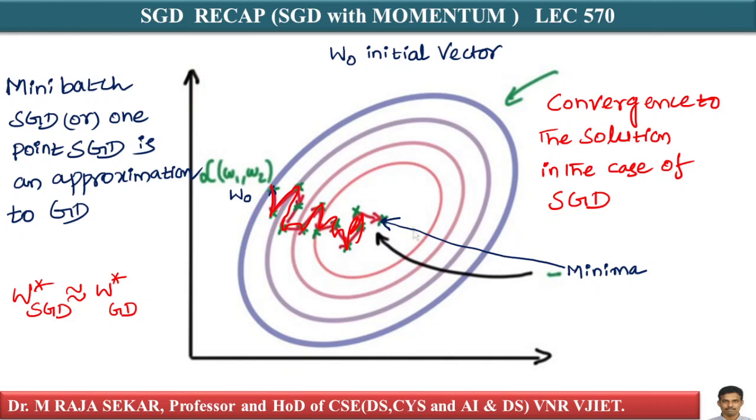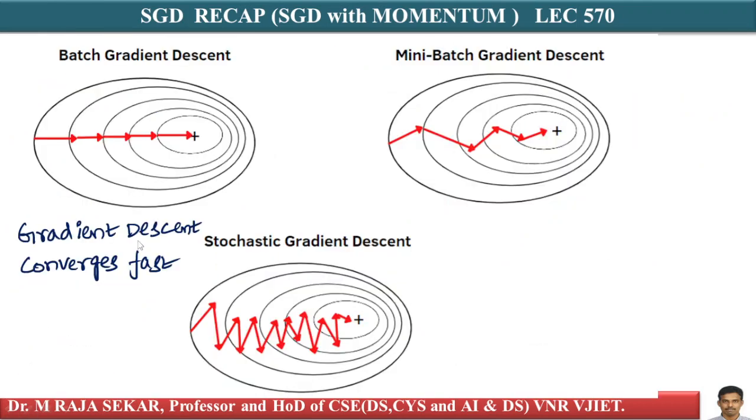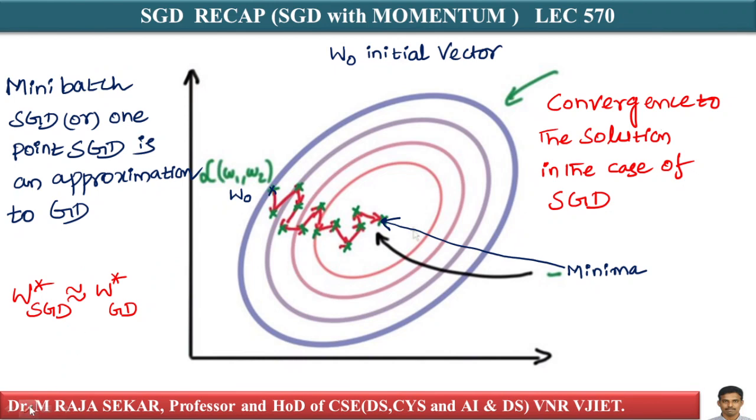If you run it enough number of times, your W star with SGD is approximately equal to W star with GD. Of course, GD is going to converge fast, isn't it?